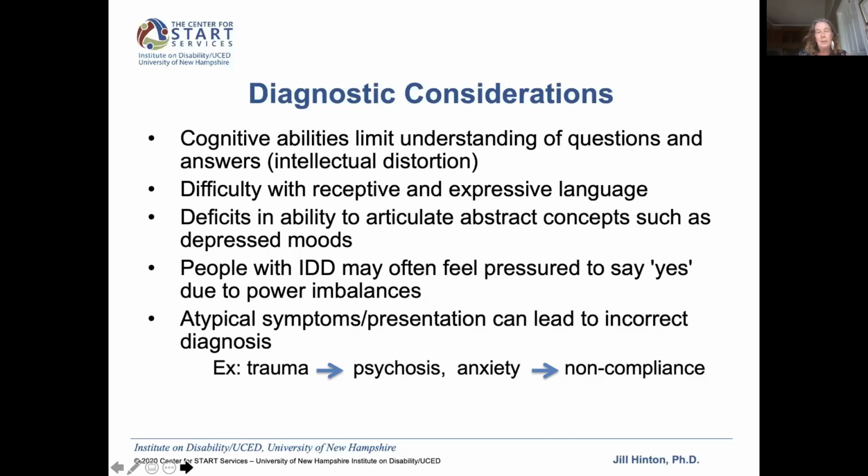A really common example is the question that people often get asked when they show up in the emergency room or for mental health crisis services: do you hear voices? That question can be answered really concretely by a lot of people with autism or with intellectual and developmental disabilities. If you just say, do you hear voices? They're going to say probably yes, because they're hearing people talk to them.